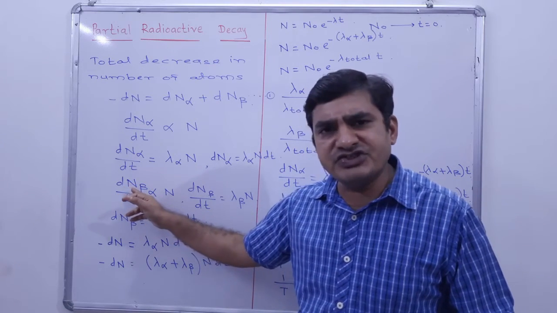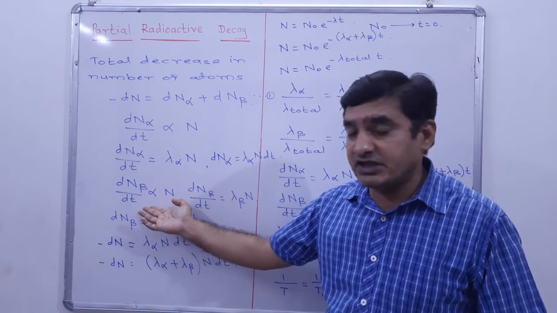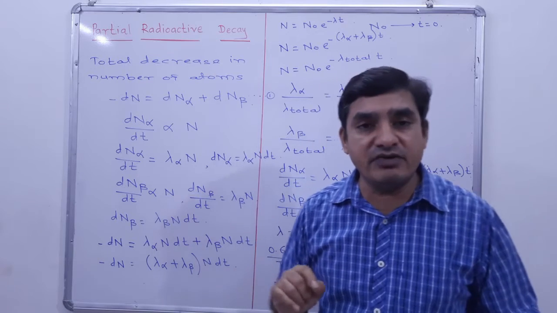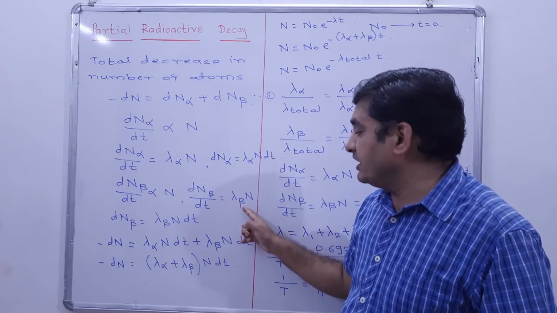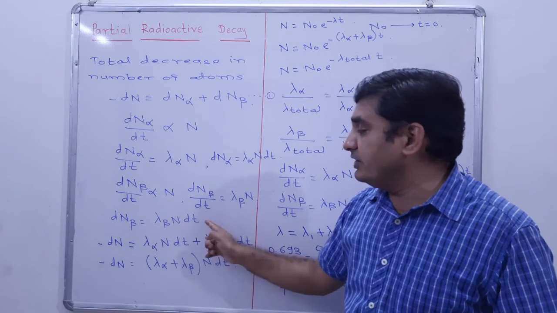Similarly, the rate of disintegration for beta particles can be written as dN beta divided by dt is equal to lambda beta into N, and therefore dN beta is equal to lambda beta into N into dt.